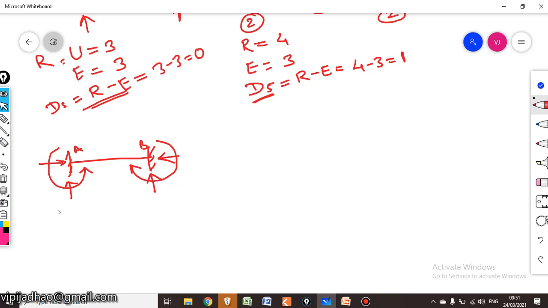At this end B again we will have one vertical reaction, one horizontal reaction, and one fixed end moment. So total unknown reactions at end A are 3 and at end B are 3. Therefore total unknown reactions are 3 plus 3, that is equal to 6.